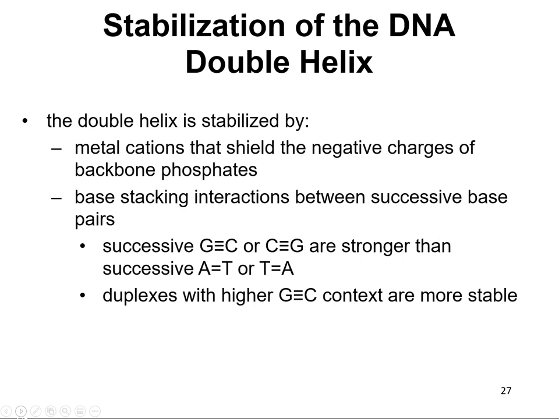All that negative charge from the phosphates has to be covered, okay? And you cover that with metal. When you're dealing with DNA or RNA, you're typically going to see a lot of magnesium ions. So that's Mg2+. And those ions will interact with the backbone to shield all of that negative charge. That helps to stabilize the structure of DNA.